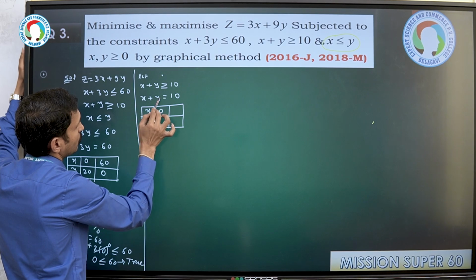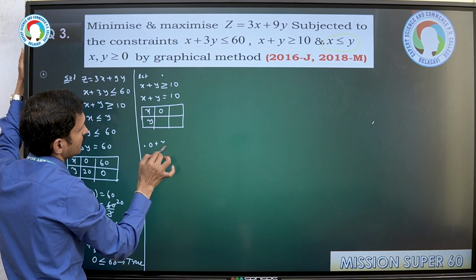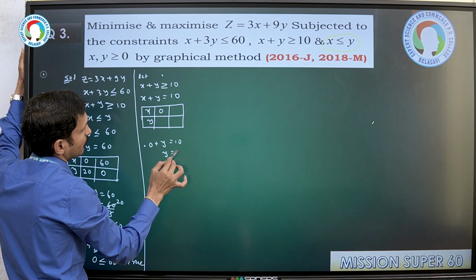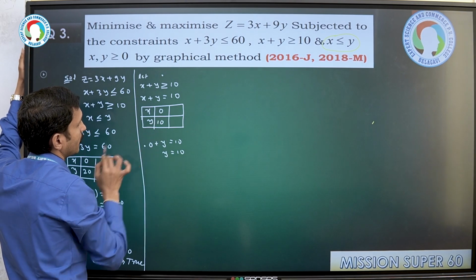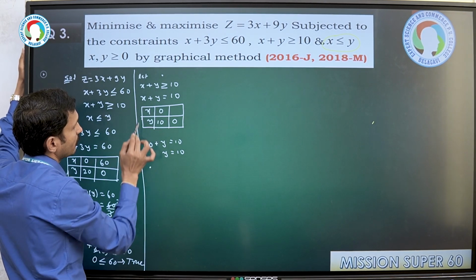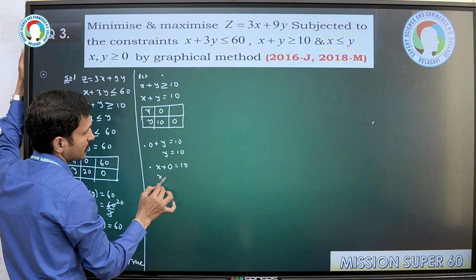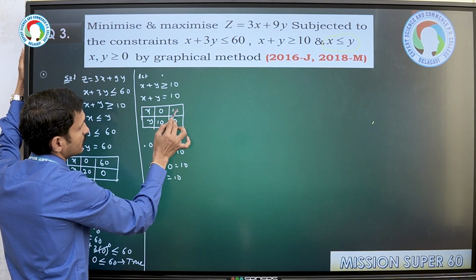If x is 0, then 0 plus y equals 10, so y is 10. If you put y as 0, then x plus 0 equals 10, so x is 10.